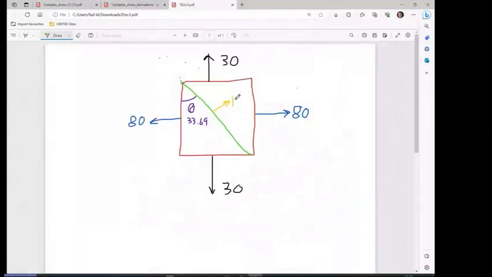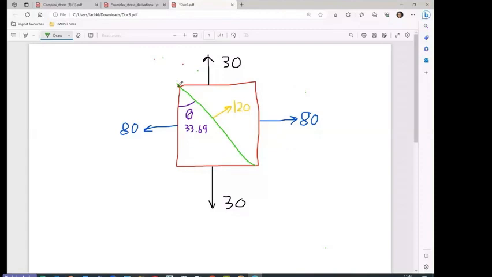So we'd have 120 megapascals there. Now we know my shear stress is going to be 0 on that plane. So that's the maximum principal stress. I've now drawn the maximum principal plane and the maximum principal stress on that plane, and we've worked out that it is 33.69 degrees when measured anti-clockwise from the vertical plane.